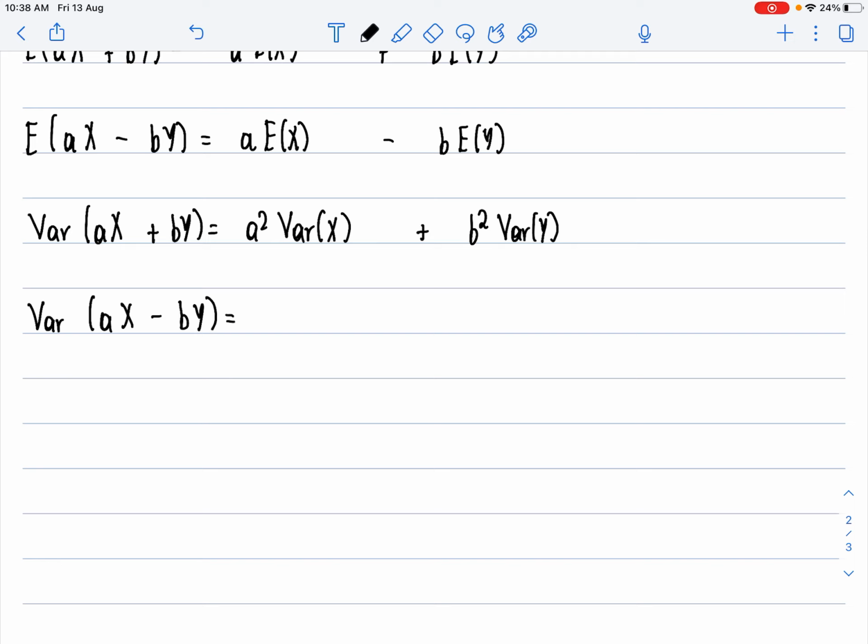This will be equal to A square into the variance of X. The sign in the middle will be plus, and you will have a B square with a variance of Y.